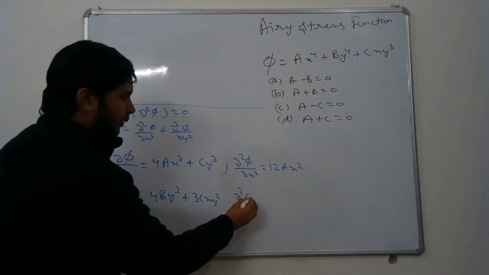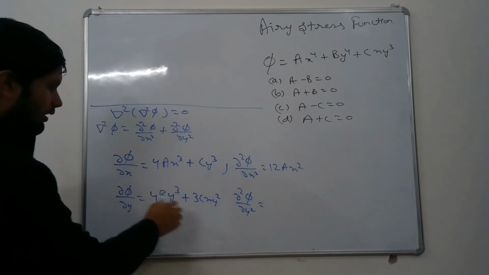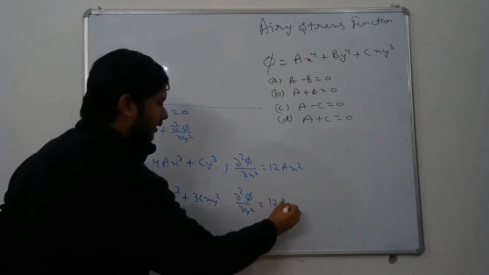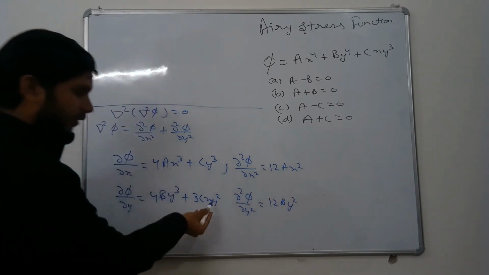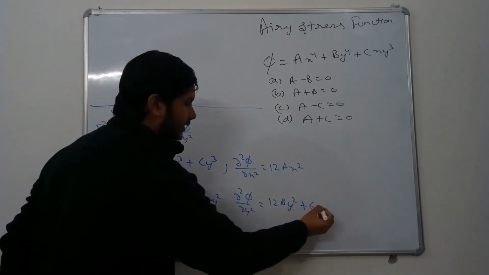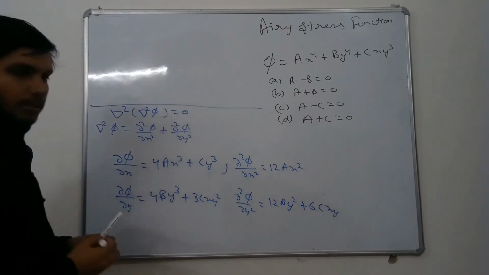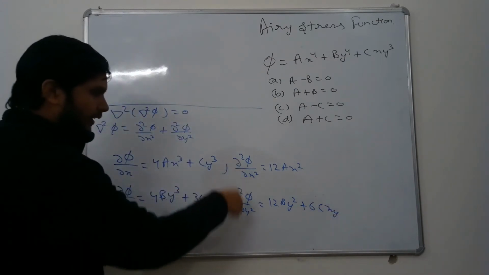Del square phi upon del y square will be 4 times 3 is 12, 12b y square, and here y is there, so one more term: 2 times 3 is 6, so plus 6c x y.